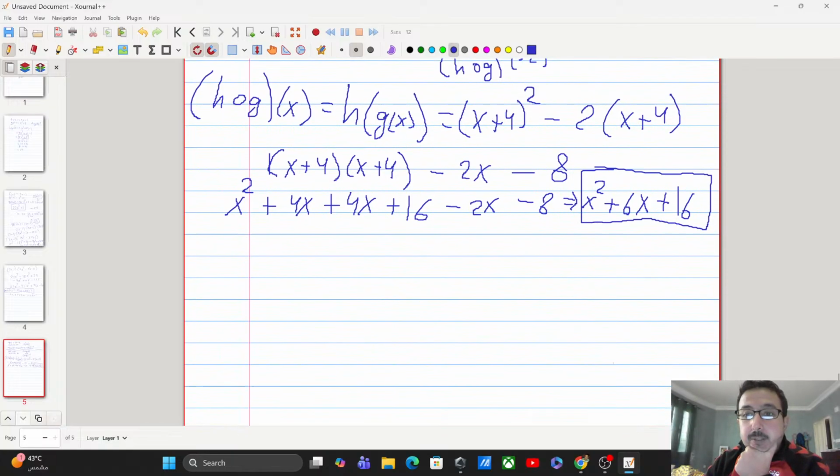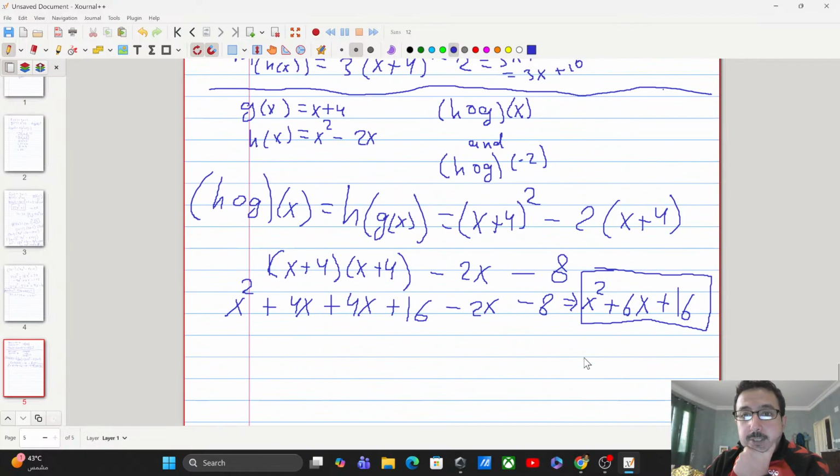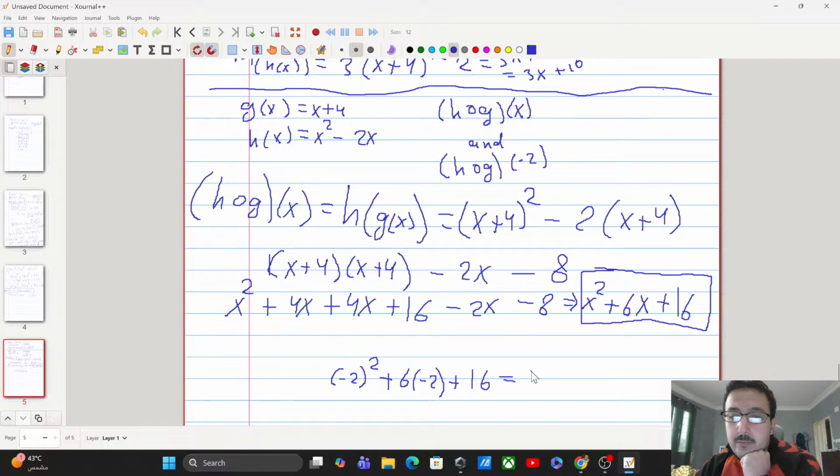We got the other part, which is at minus 2. We just plug the minus 2 in, so it's going to be minus 2 squared plus 6 times minus 2 plus 16. That's 4 plus minus 12 plus 16.